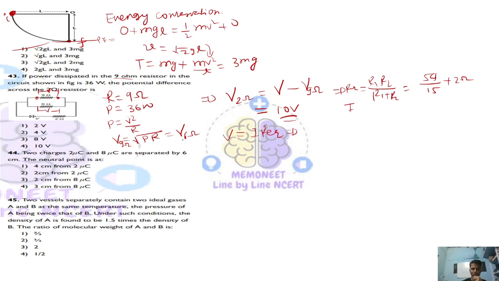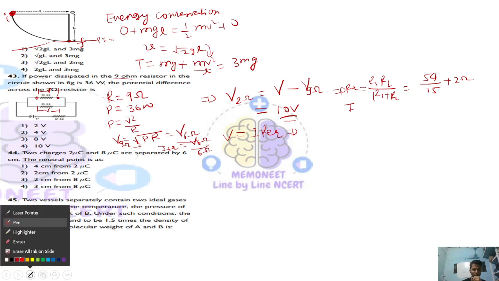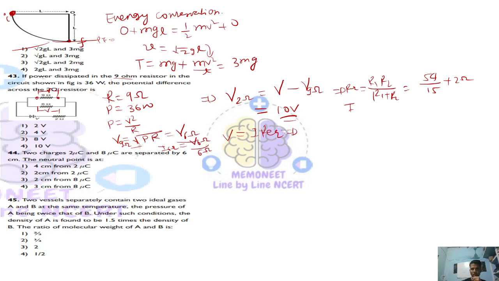You know the potential across the 6 ohm or 9 ohm, so the current I along the 6 ohm equals V along the 6 ohm by 6 ohm. I previously thought you needed to calculate it another way, but no, you don't need to use this. You simply know the potential difference and the resistor, so you can easily use Ohm's law to calculate the current, and thereafter the potentials also.